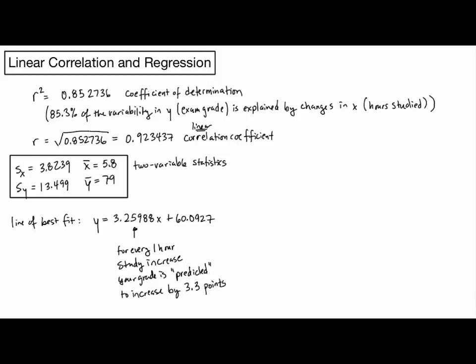So that's the interpretation of the slope. This is the slope, m. And then the b value is the y-intercept here. Interpreting the y-intercept, we would say, if you don't study, then you can probably expect to make about a 60 on the test. So that's your baseline grade in some sense.